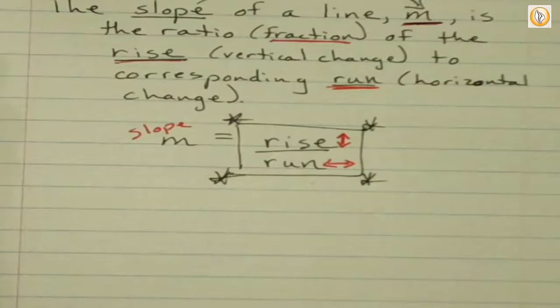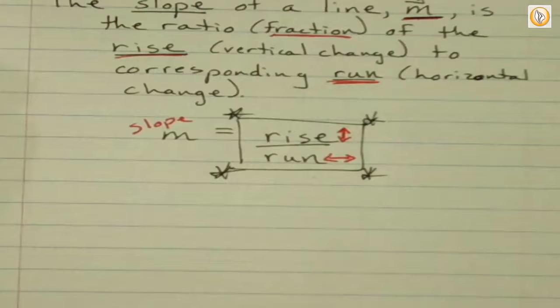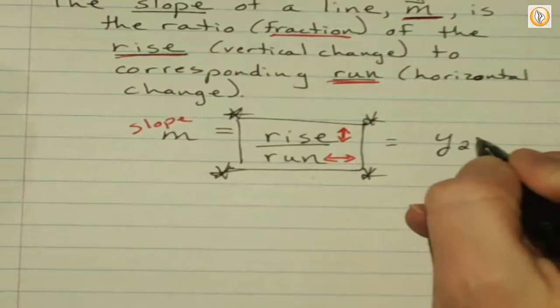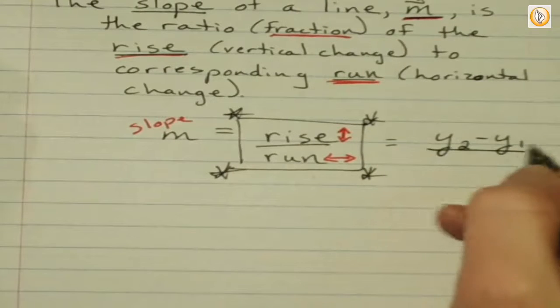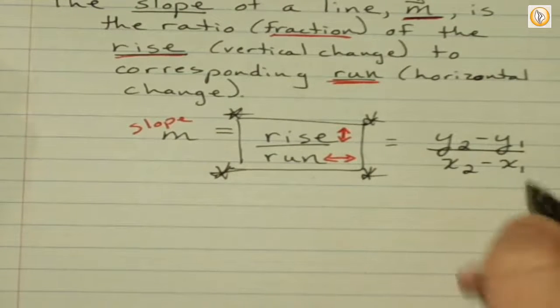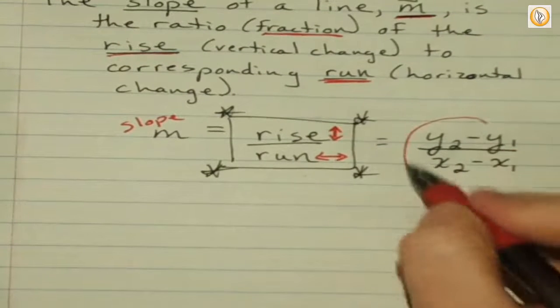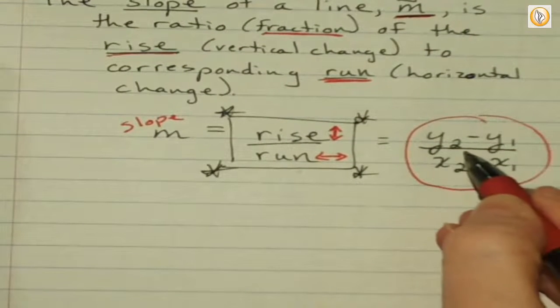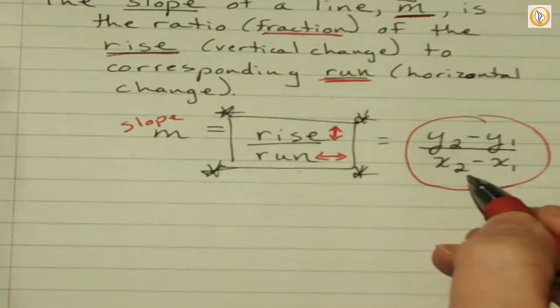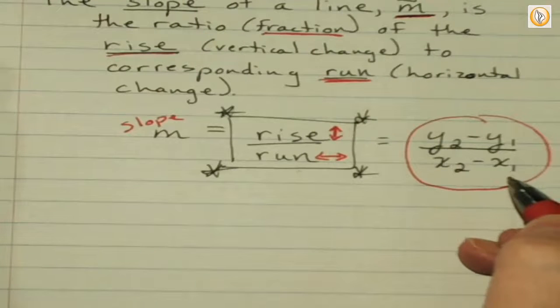The actual formula is y2 minus y1 over x2 minus x1.